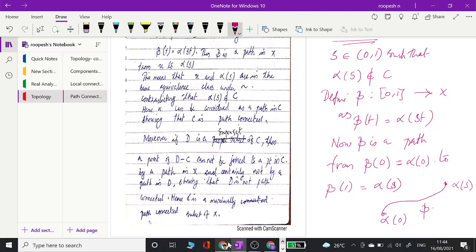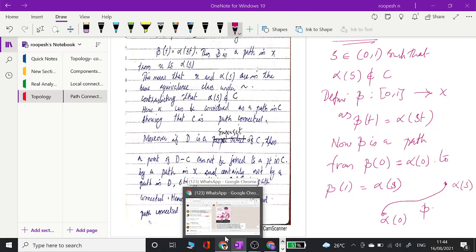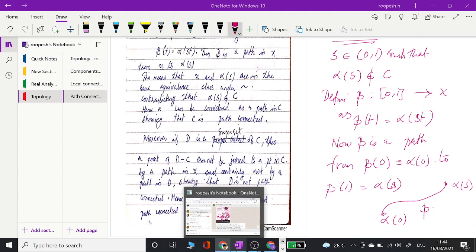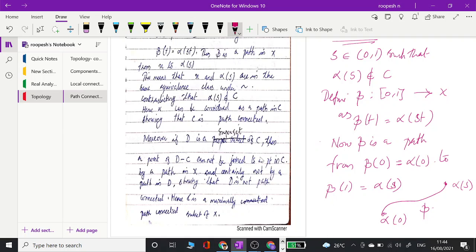That means x can be related to alpha of s, that is, x and alpha of s belong to the same equivalence class.